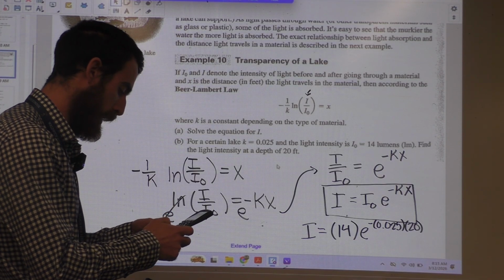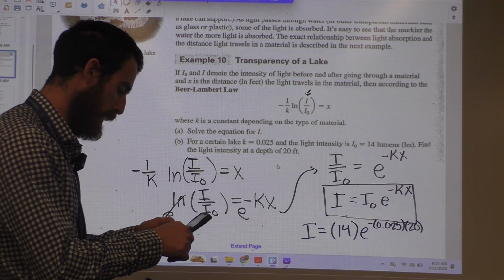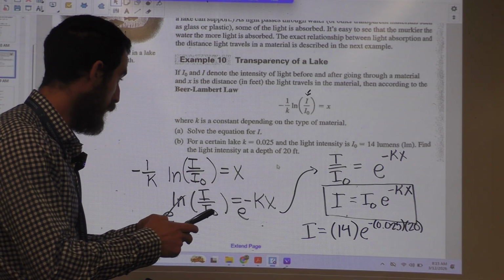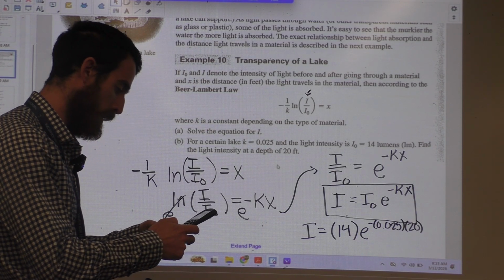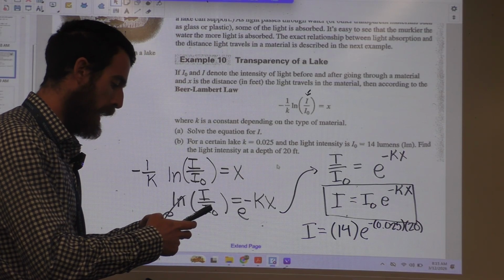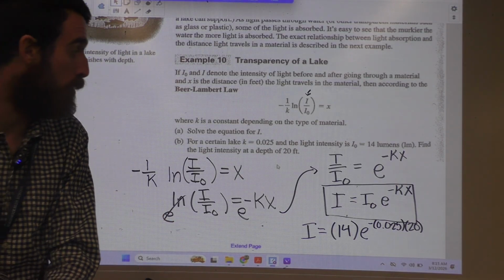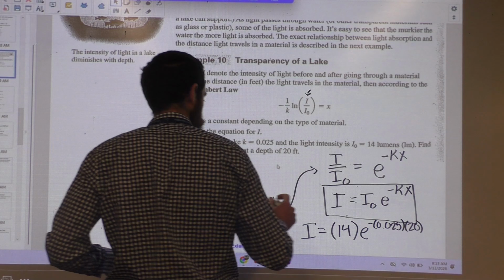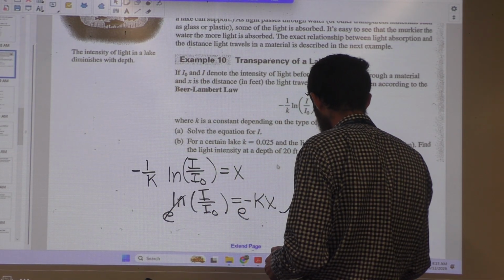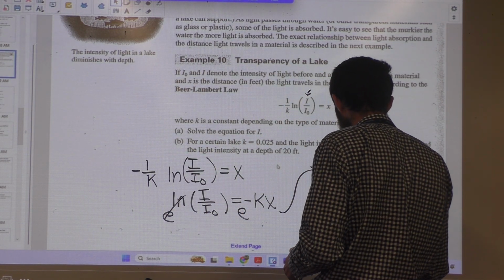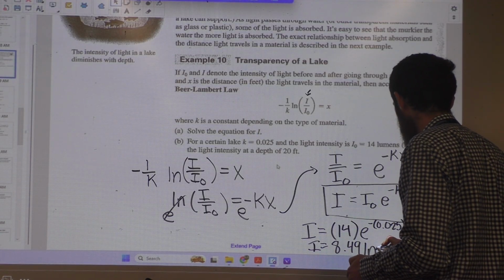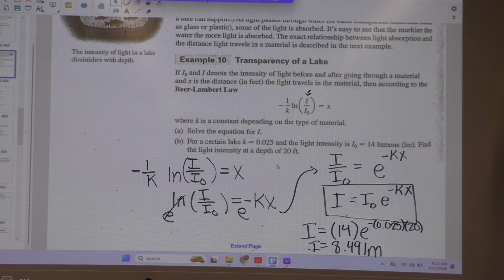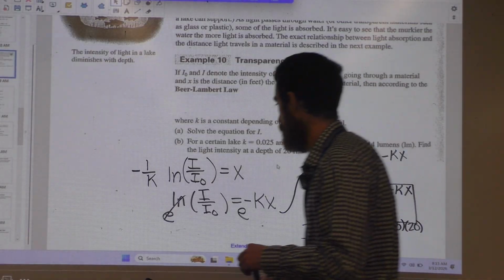All right, 14 times e to the negative 0.025 times 20, 8.49 lumens. And that's it. Moving on.